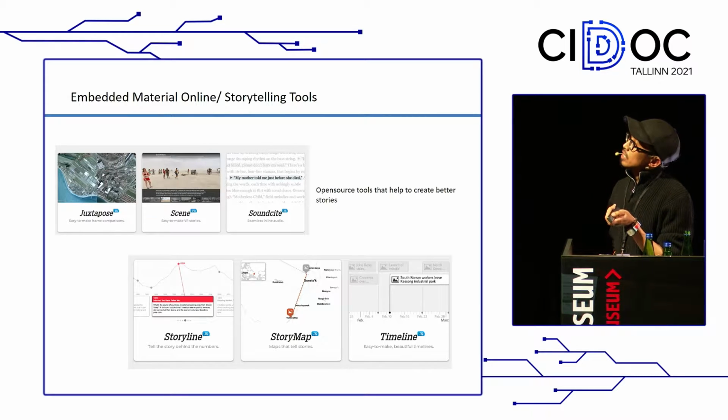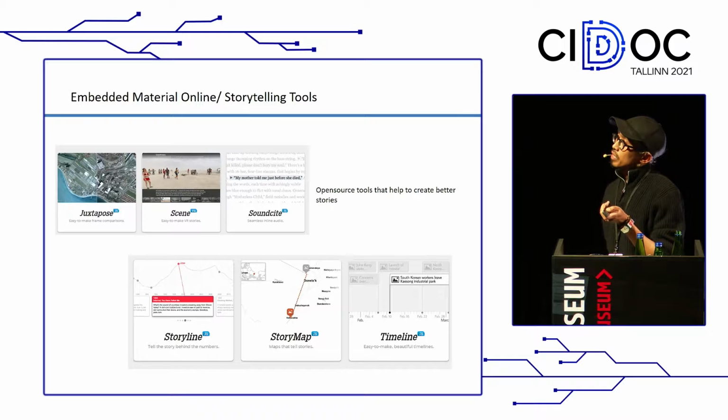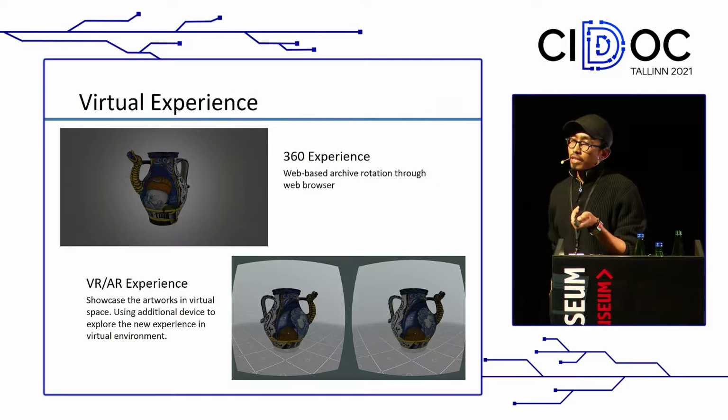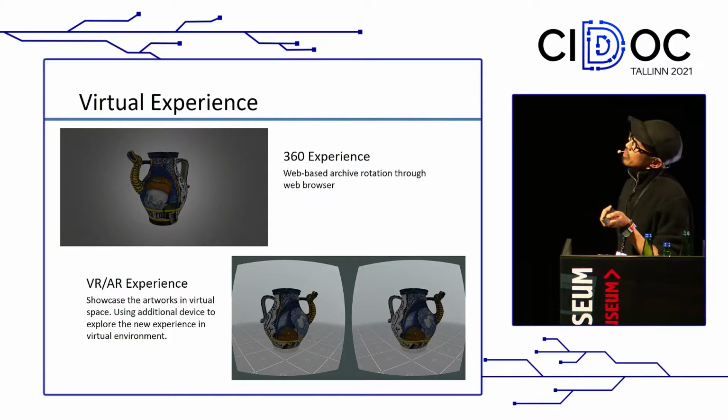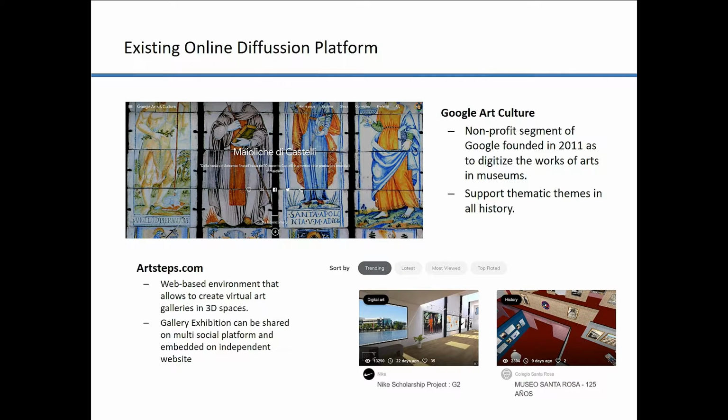And then these are the tools that I try to create with open source tools. And then also a virtual experience, which is a 360 experience, like web-based archive rotation, and also the VR and AR experience. And of course, we could also use existing online platforms.